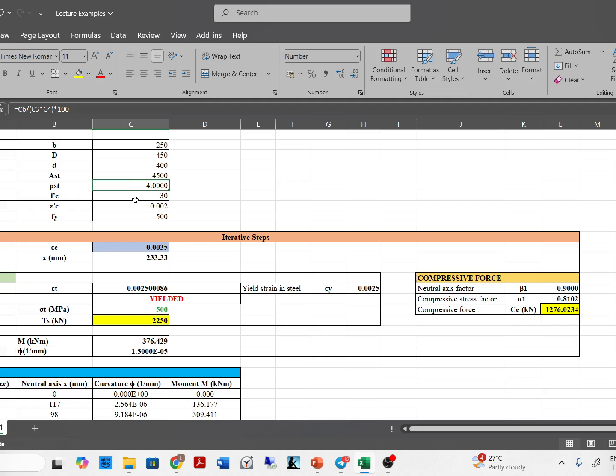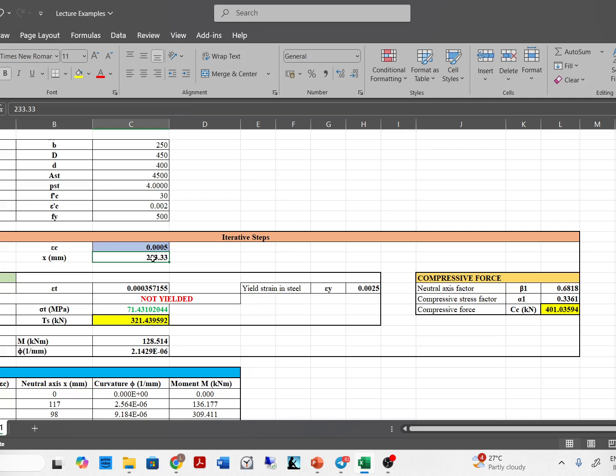Then the material properties are the same: f prime c 30 MPa, epsilon prime c 0.002, and the yield strength of steel is 500 MPa. And here we need to calculate the value of M and phi corresponding to epsilon c of 0.0005. Now let us see at what value of x the compressive and the tensile force can balance.